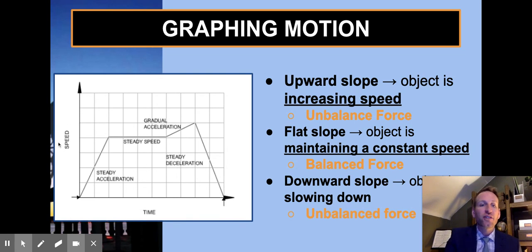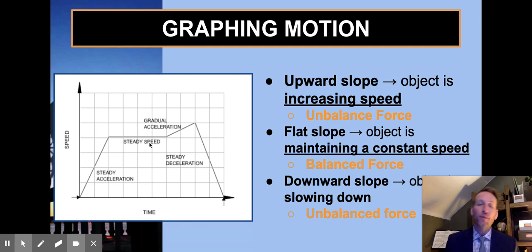Next on this graph, you see this flat slope. Like it says on the graph, it's a steady speed. When you have a flat line going across, that means it's maintaining a constant speed. Because there is no change in speed or direction, it is a balanced force acting on the object.